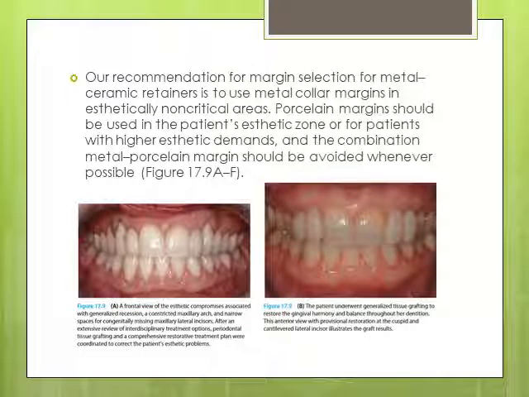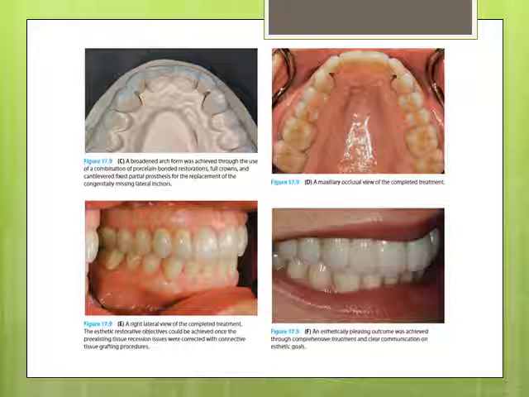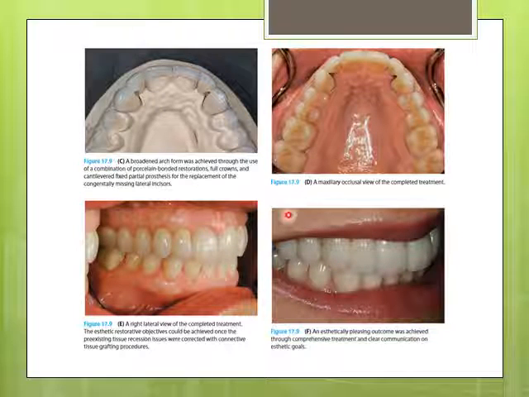Then you make the final preparation, here the temporary, and we can see the final results. As you see here, very marvelous final results. You can see the recession in the previous picture and now after treatment. So the aesthetic restorative objective could be achieved once the pre-existing tissue recession issues were corrected with a connective tissue grafting procedure.